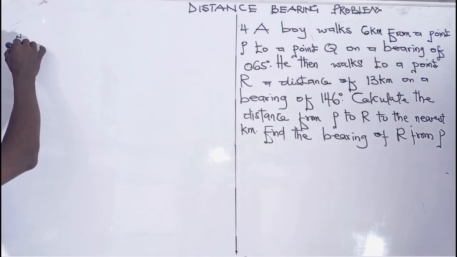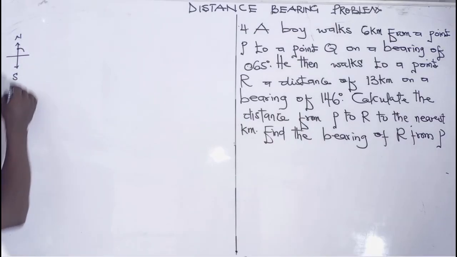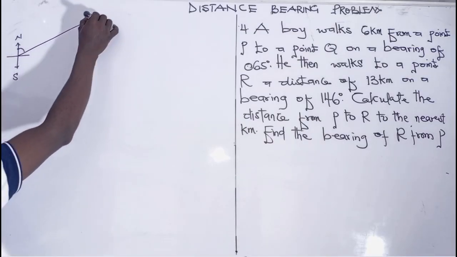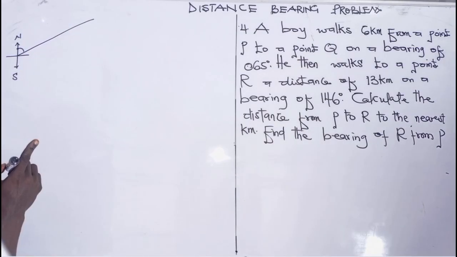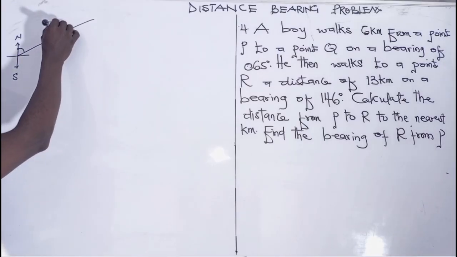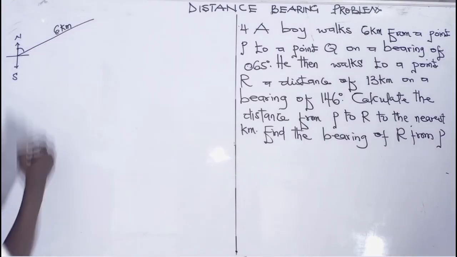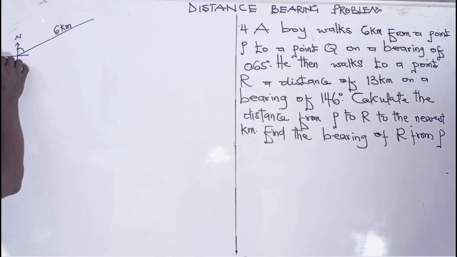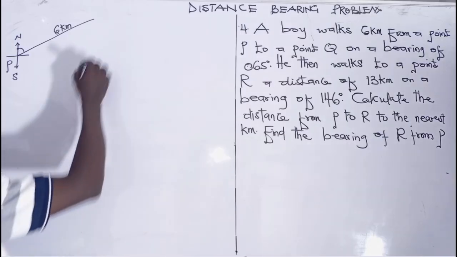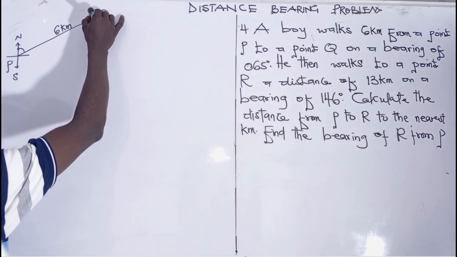So we are going to measure from the north till we get to this point, and then we draw our distance. So the boy walks 6 kilometers, so we have 6 kilometers from a point P. So the 6 is going to be this very side to a point what? Q. So this is point Q.